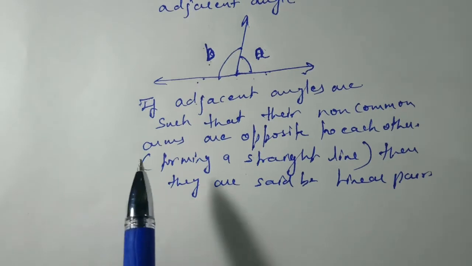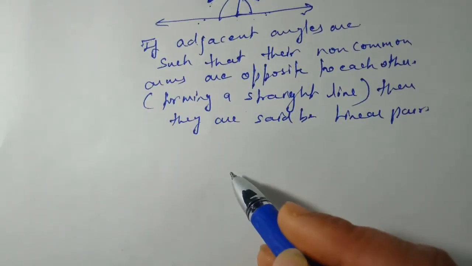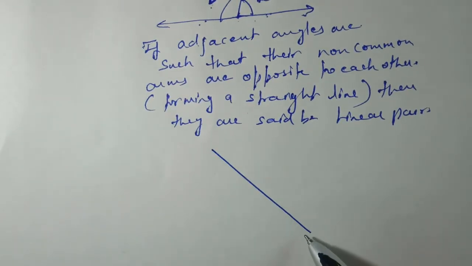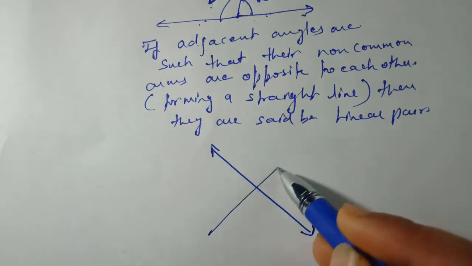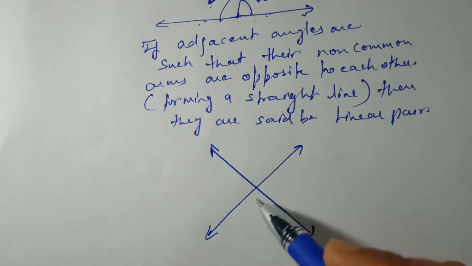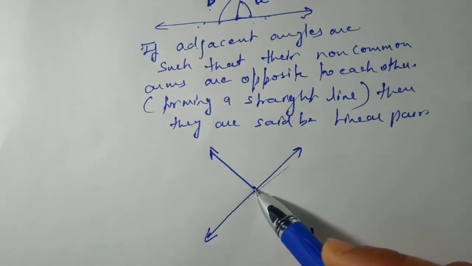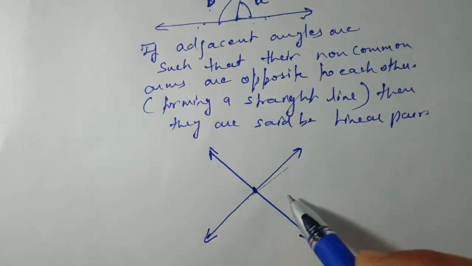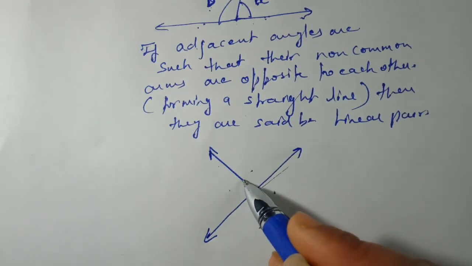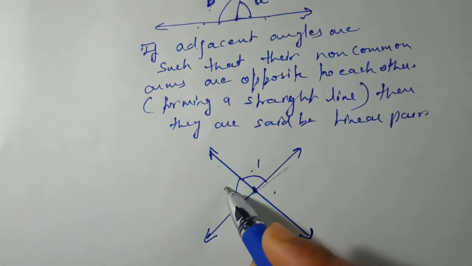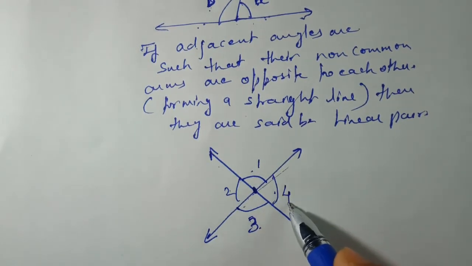Now let us do the third part, that is vertically opposite angles. If we have two lines such that the two lines are intersecting each other, means they are crossing each other through a single point, we can observe four angles, 1, 2, 3 and 4.